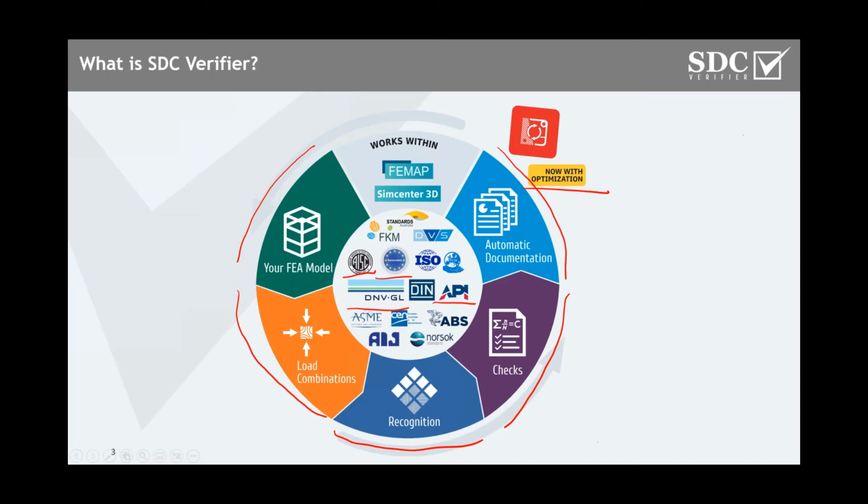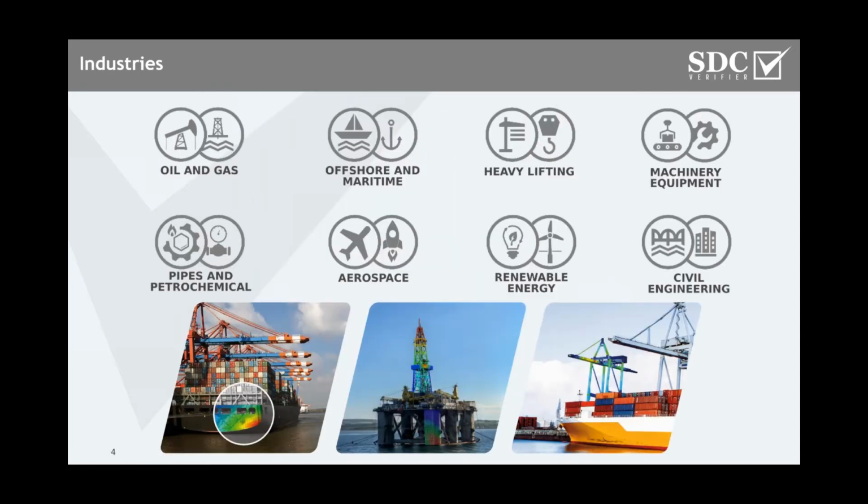The examples and the actions I'm going to demonstrate to you today are applicable to multiple industries, not only limited to those I'm showing now on the screen, but these are the main ones, in my opinion.